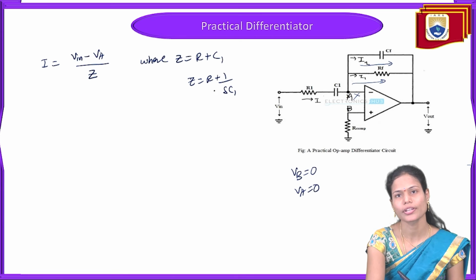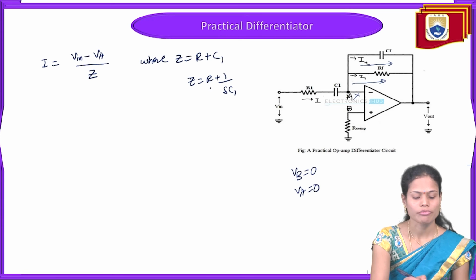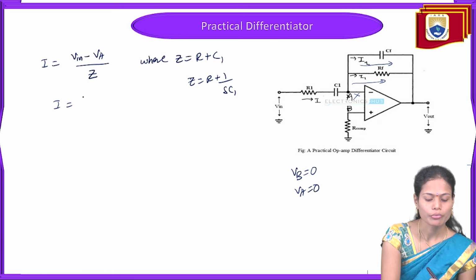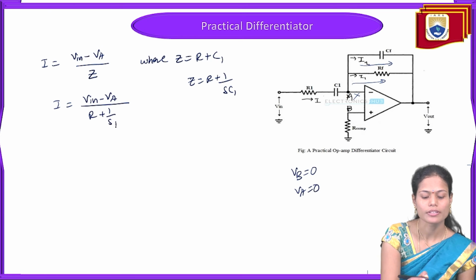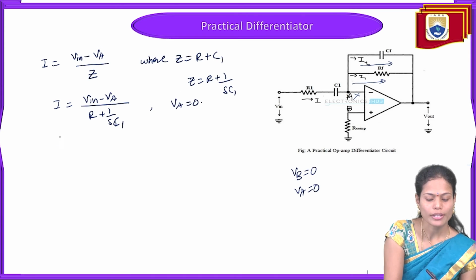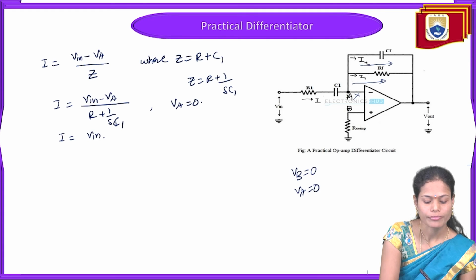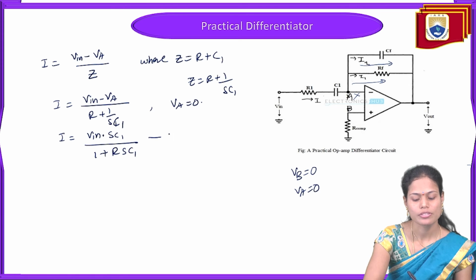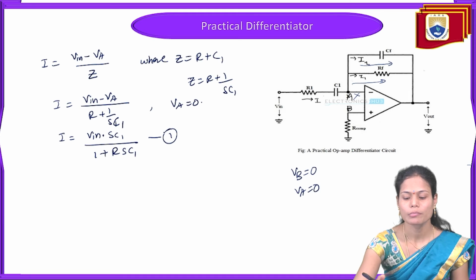I am directly taking it in the Laplace transform form. So I equal to Vin minus VA by R1 plus 1 by SC1. Here VA value is 0. So I can write my I value as Vin into SC1 by 1 plus R1 C1 S. So this is the first equation.